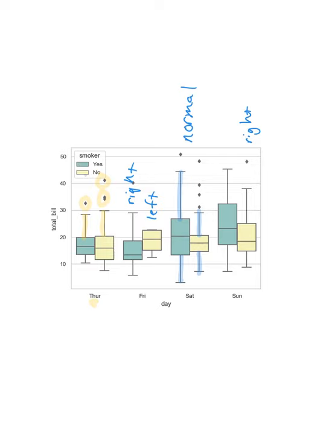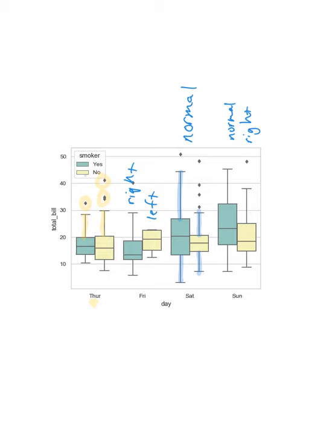For the smokers, you could call this normal, or you could also call it a slight skew to the right, but not much. So both ways is pretty average. And on Sundays, of course, you also get the benefit that the smokers pay more.